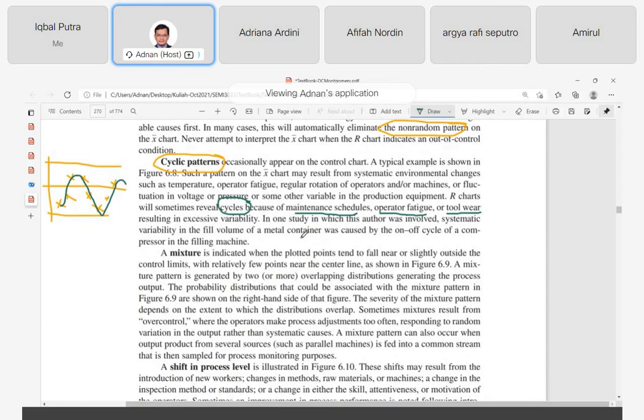Systematic variability, for example, maybe due to an on-off cycle. Sometimes it is in a good situation, sometimes it is out of the regular setting, so it is going to show cyclic. Or the cycle can be due to temperature change. In the morning, maybe okay.